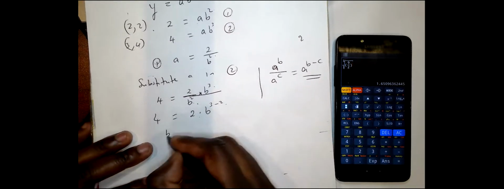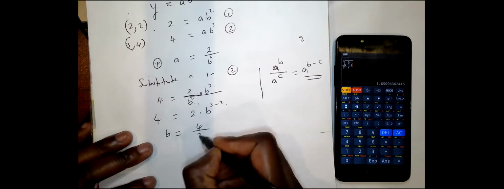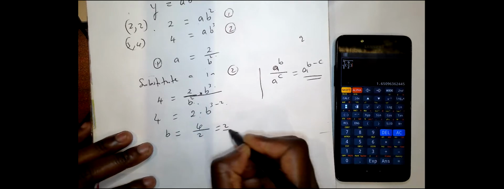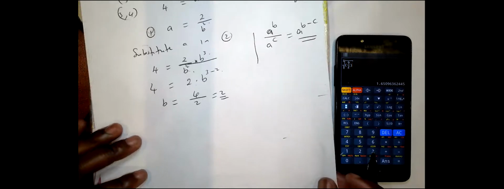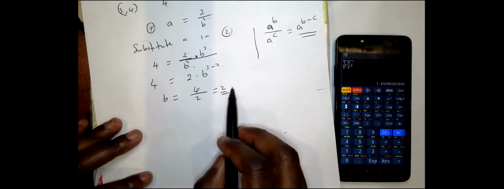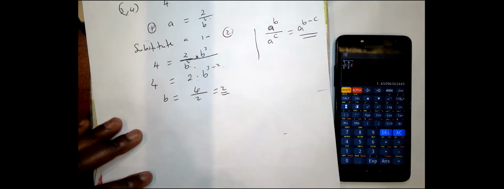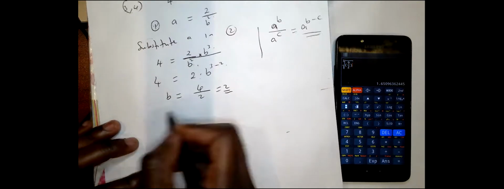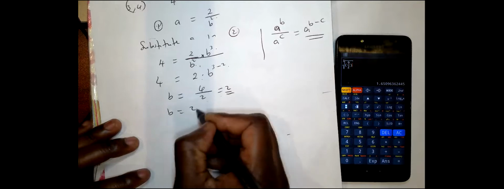So b equals 4 divided by 2, which equals 2. So you find the value of b, it's 2. Then you substitute b equal to 2 in equation 1.